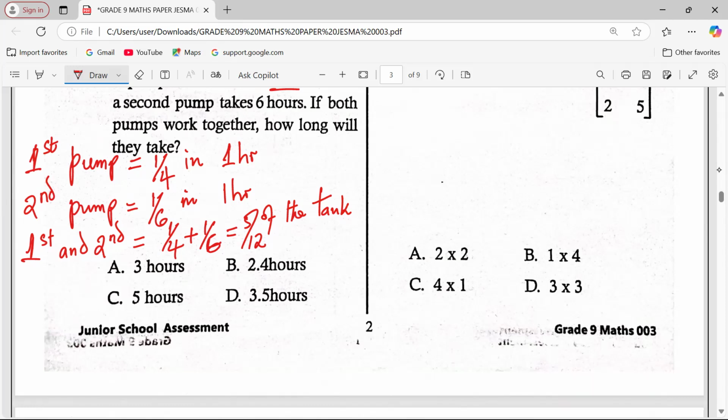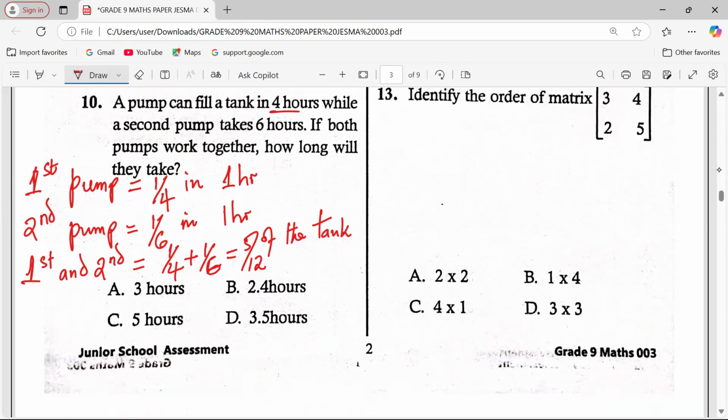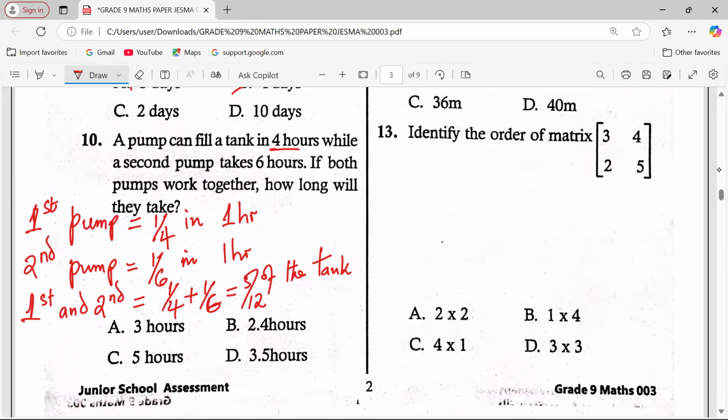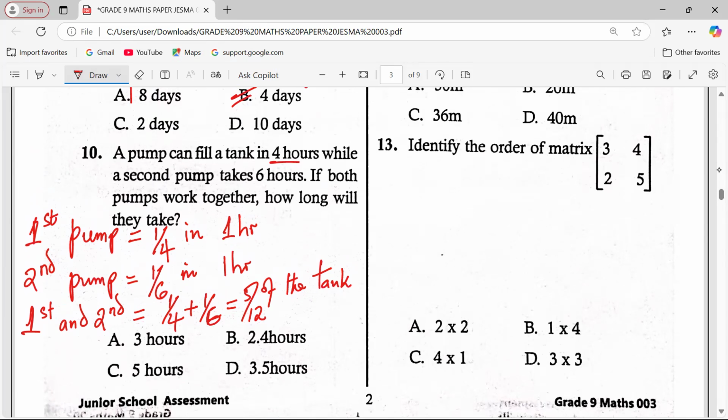5 over 12 of the tank, which means if they fill this fraction in 1 hour, then we are saying 5 proportions take 1 hour. What about the total 12 proportions? Because we are saying 5 over 12 of the tank will be filled in 1 hour. So 5 proportions out of 12 proportions of the tank are filled in 1 hour.